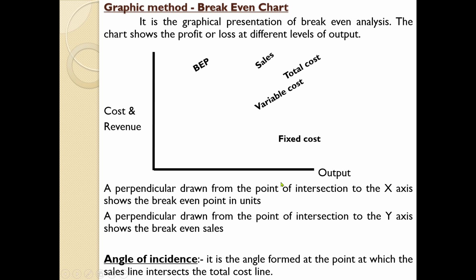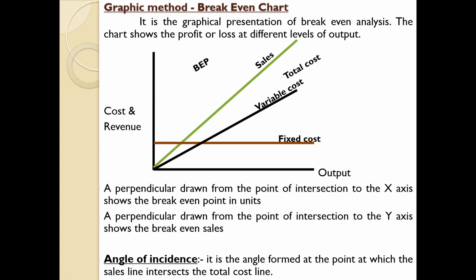Regarding the next items, the sales line will always begin from 0 and go in an upward trend. The fixed cost line is drawn parallel to the x-axis because fixed cost remains the same whatever the nature of the production. So remember and familiarize yourself with the lines.